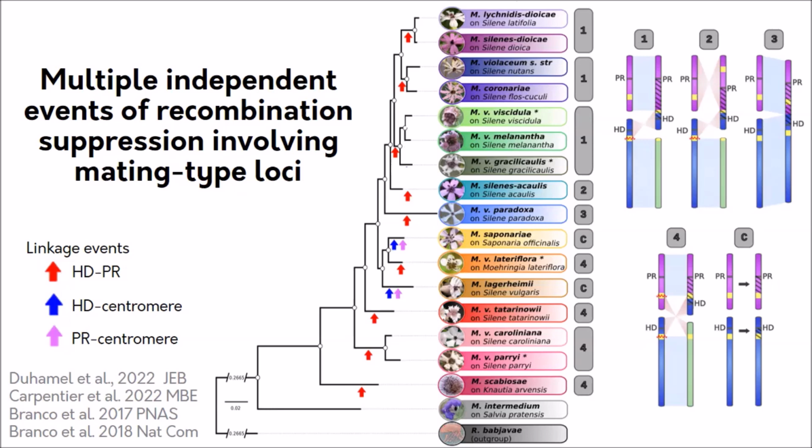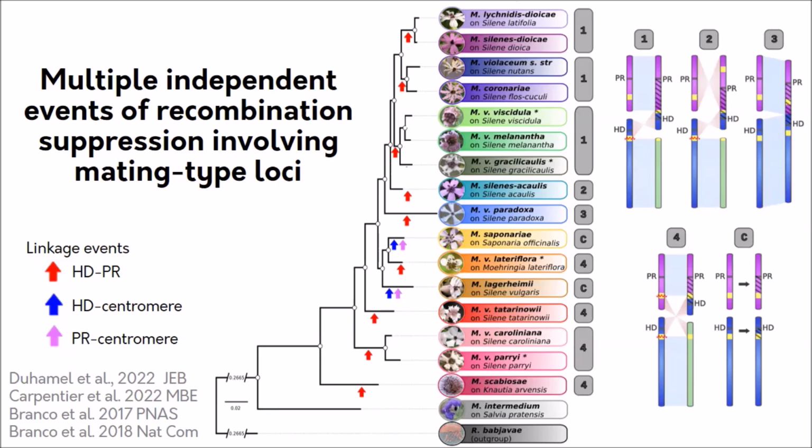And in some other cases, actually in the C case here, the HD and PR loci stayed on different chromosomes, but they each became linked to their centromeres, which means they both segregate at the first meiotic division, which gives exactly the same odds of compatibility between the gametes within a tetrad: half of the gametes are compatible with the other half.